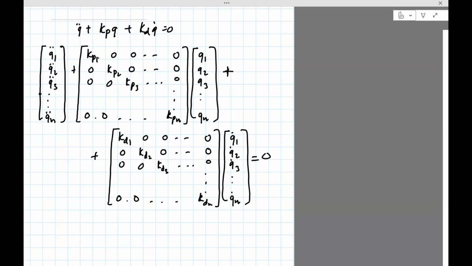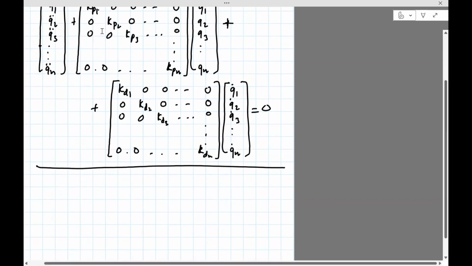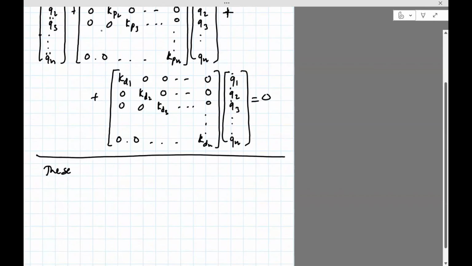Okay, so very interestingly, what you have achieved is this equation. And if you actually write it down, there are n equations. You can write n equations down. So these are n decoupled equations.